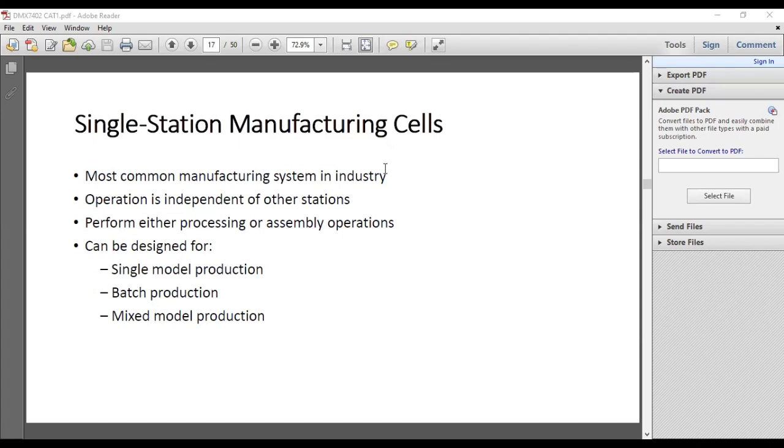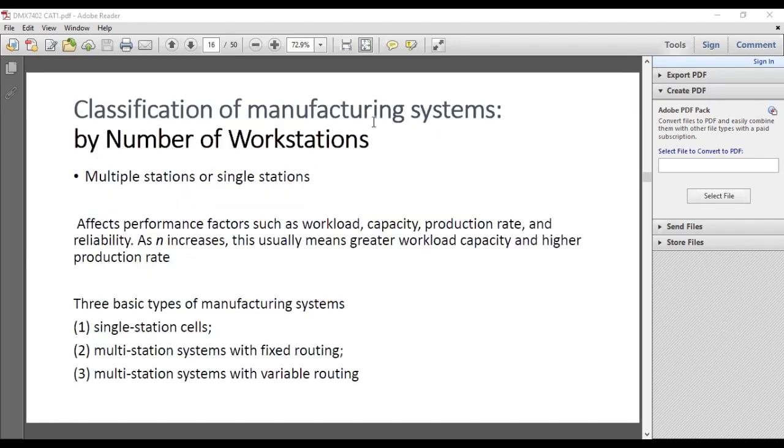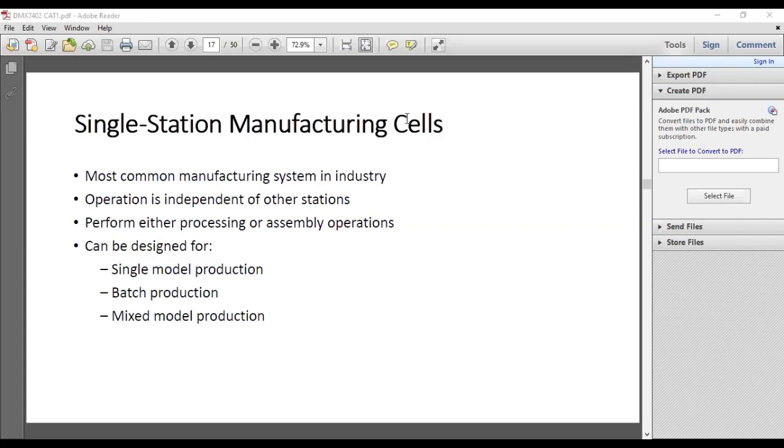So there's a question on single station manufacturing system actually, but you can consider we are talking about manufacturing systems. So a manufacturing cell, when you take it as an individual component, is also a system.